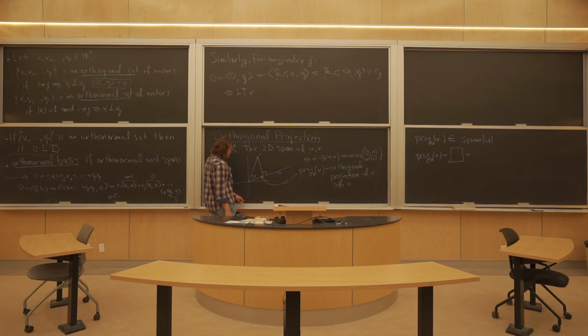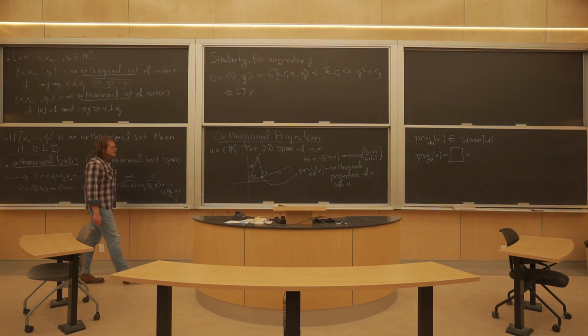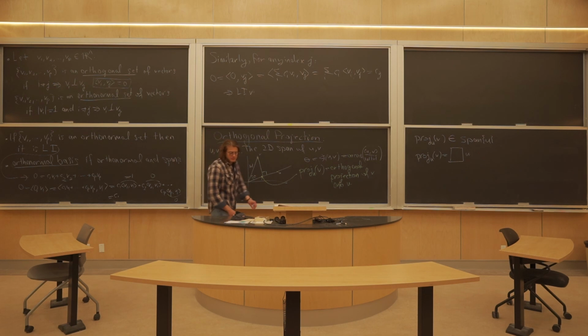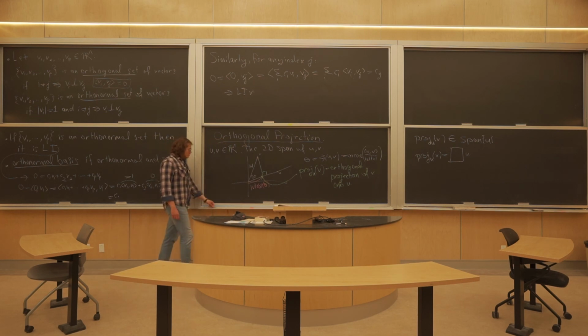This magnitude is v in norm. If that is the case, then this magnitude is v norm times cosine, so this is v norm cosine of theta. Okay? So I can take this number and put it there. This almost works.